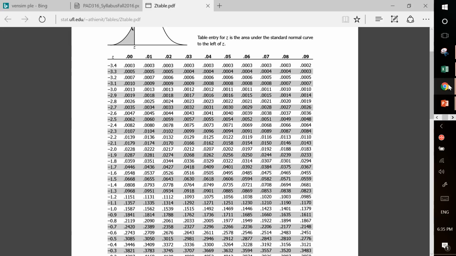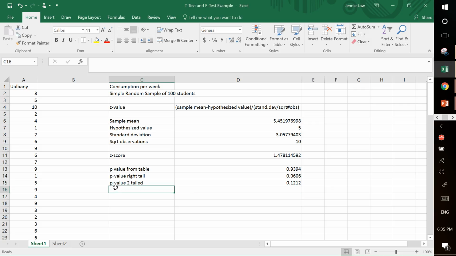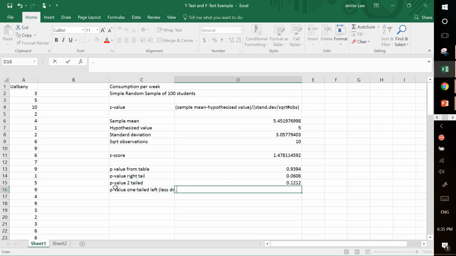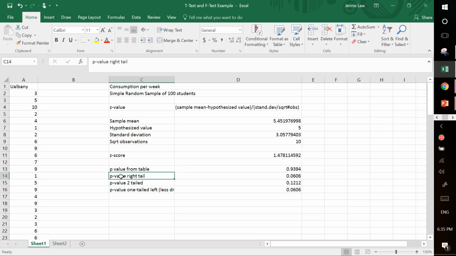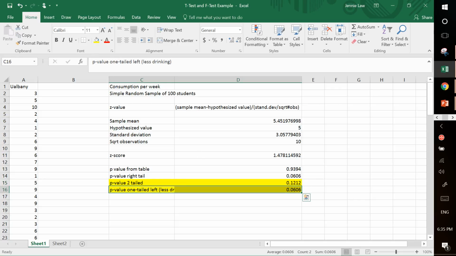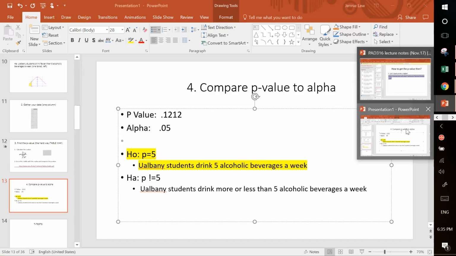That number sounds familiar. So our p-value for a one-tailed left, which is less drinking, is actually 0.0606, which is the same p-value that we got for our right-tailed test. So then we would go back and say our p-value is 0.0606. We would look at our alpha level.